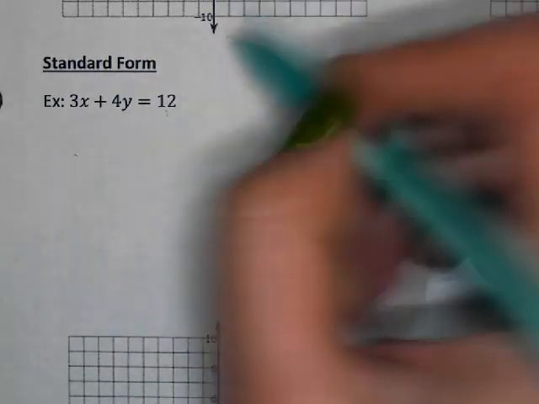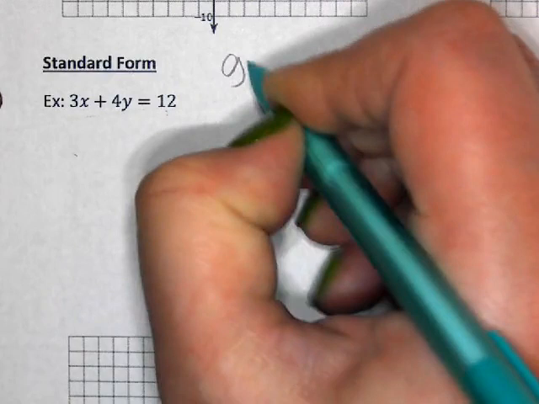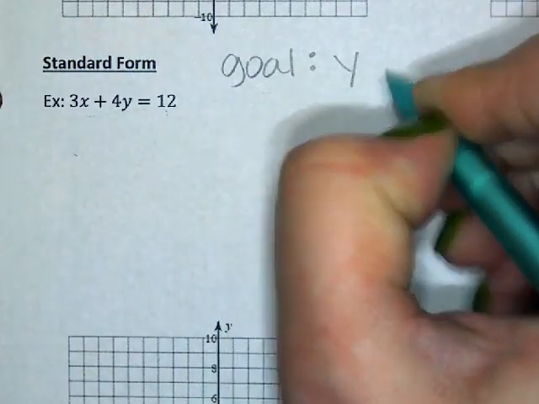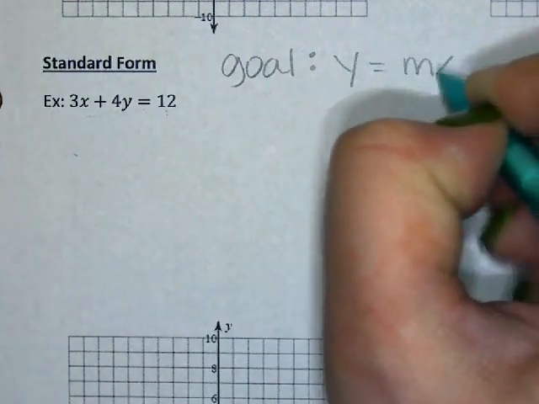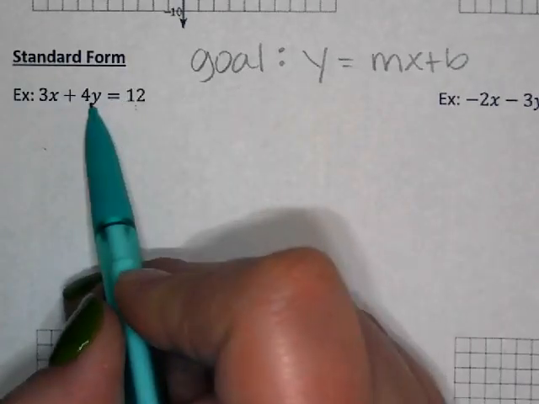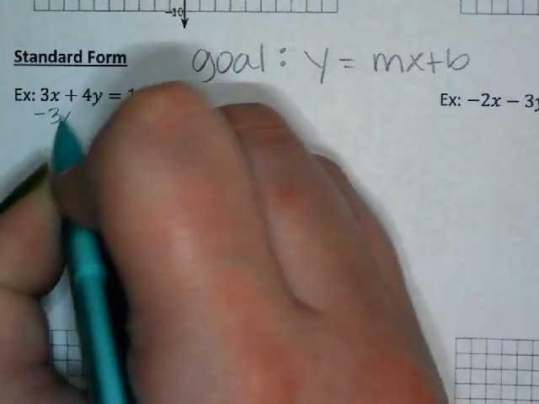I'm going to write this down. This is our goal. Our goal is to have the y alone and then have mx plus b. So what I'm going to do is I'm going to leave the 4y right here, and I'm going to minus the 3x and move it over to the side with the 12.